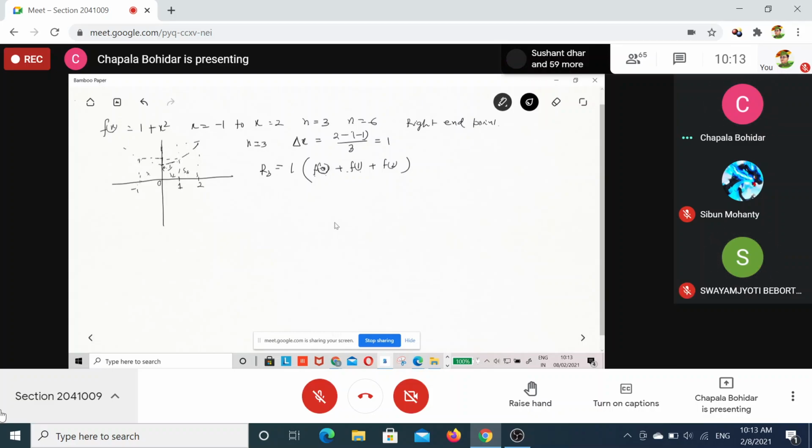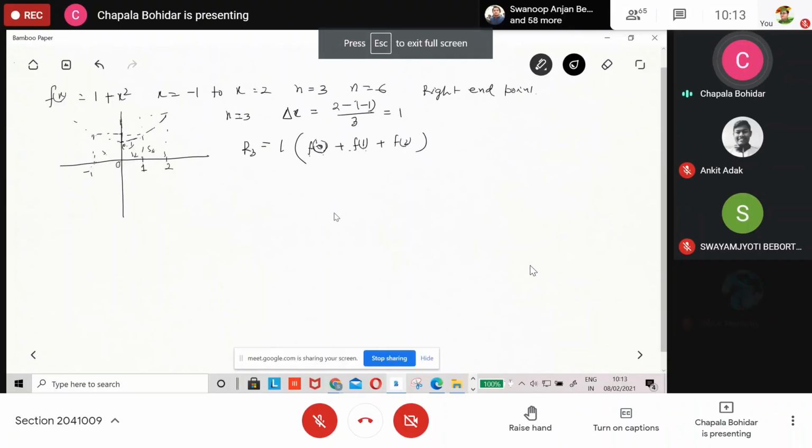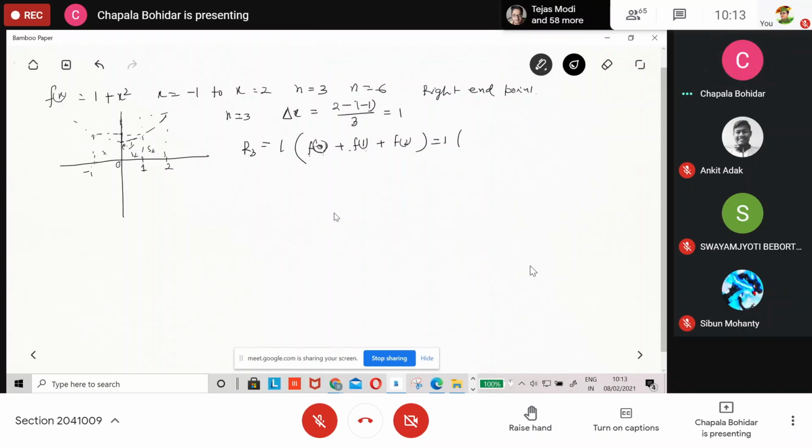Okay. So f of 0, what is the value? It is 1. 1 into 1, plus f of 1, it is 2, plus f of 2, it is 4 plus 1, it is 5. So what do you get?